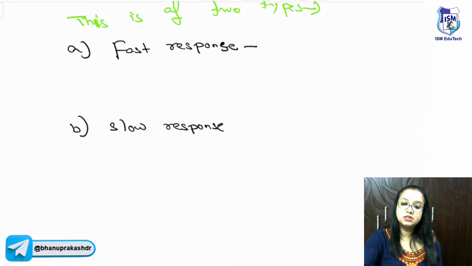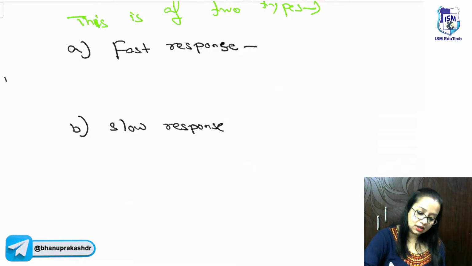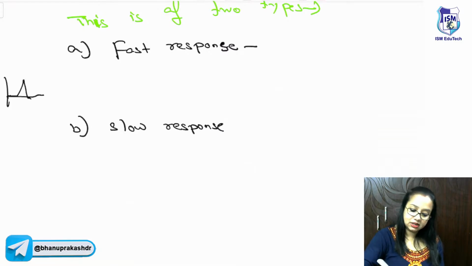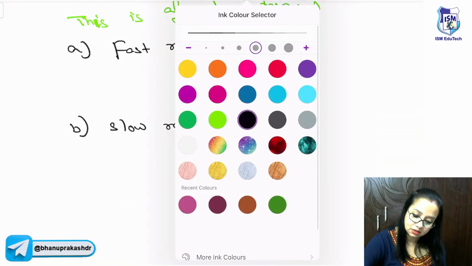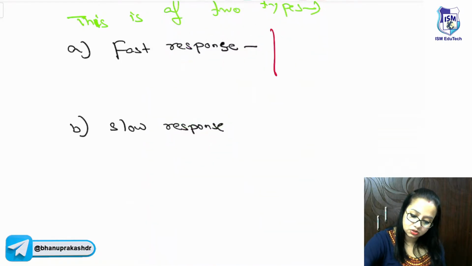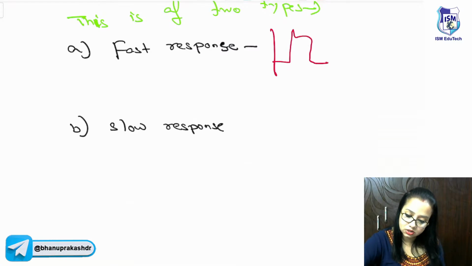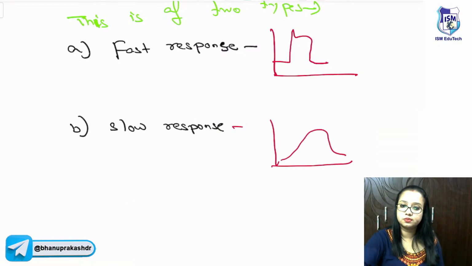Generally, what did we see in the skeletal muscle and in the nerve cell? The action potential was something like this, right? But here it is not like that. The fast response looks like this, and the slow response looks like this.